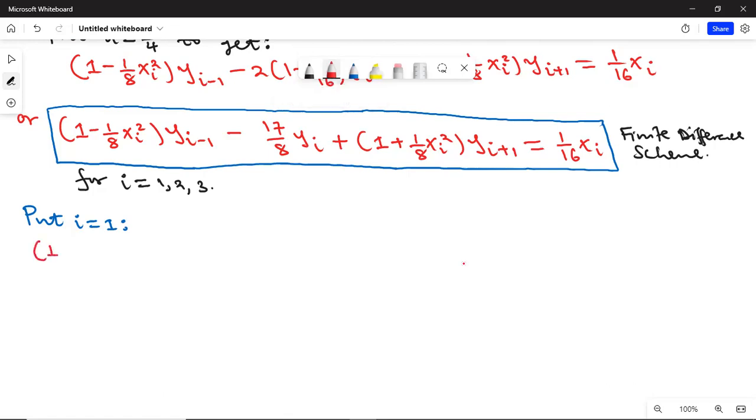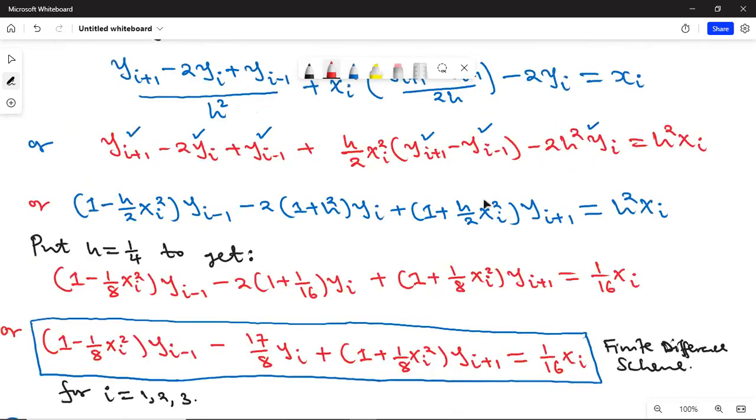That is (1 minus 1 over 8 x1 squared) y naught minus 17 over 8 y1 plus (1 plus 1 over 8 x1 squared) y2. That should give us 1 over 16 x1. And you know the value of x1.